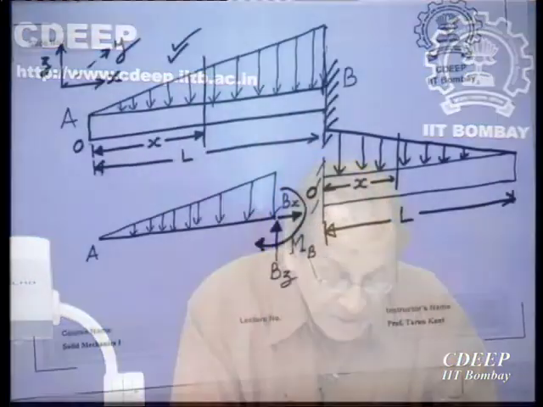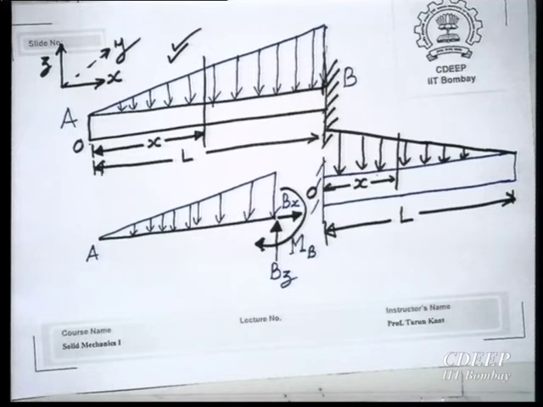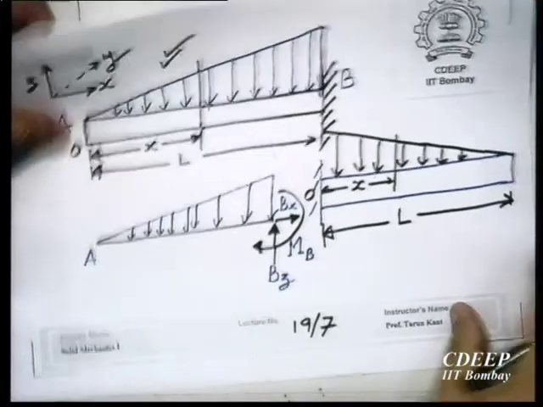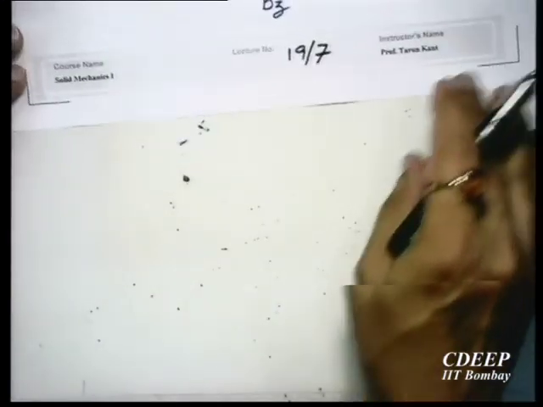So, therefore, this is all right. Now, can we write down quickly the conditions of equilibrium, which is on sheet 7. Conditions of equilibrium.